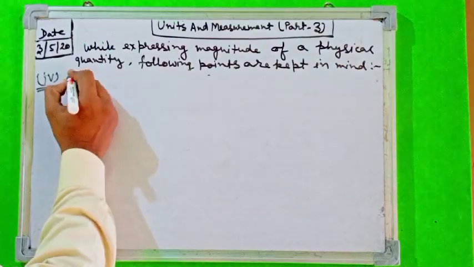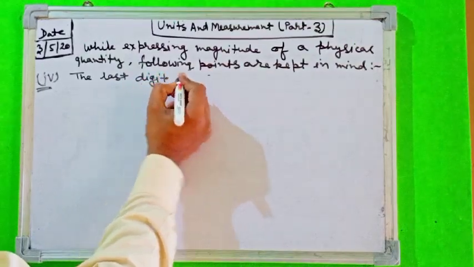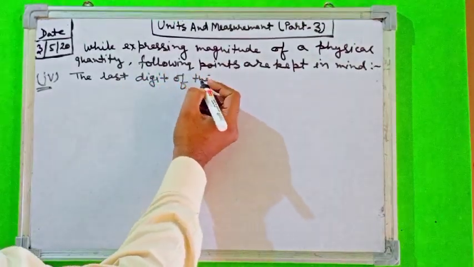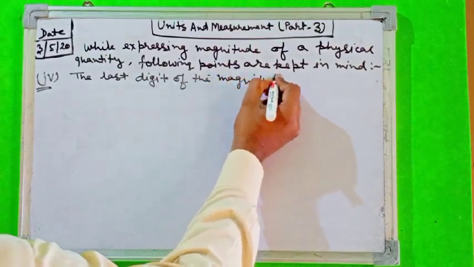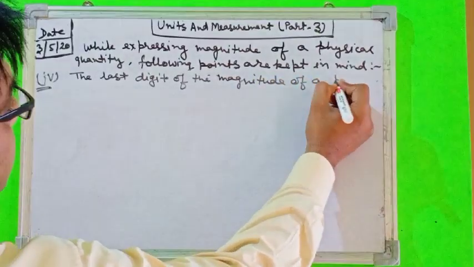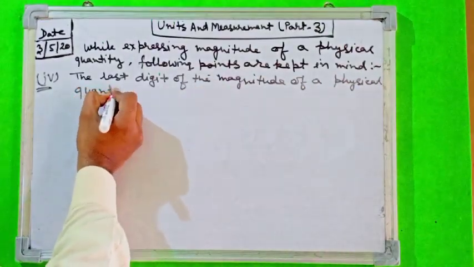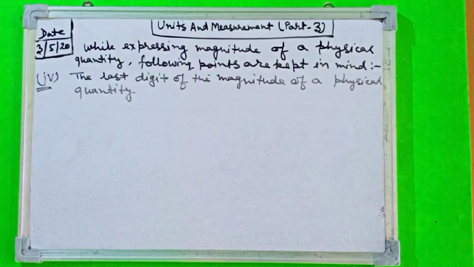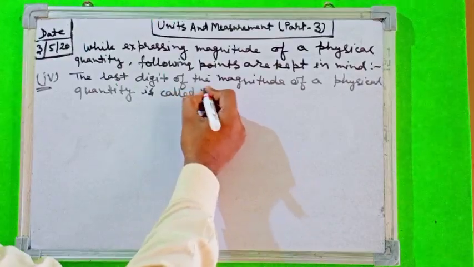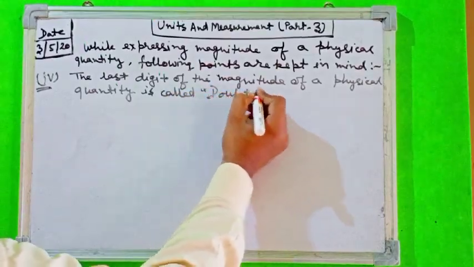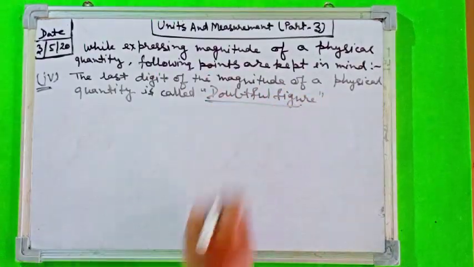The last digit of the magnitude of a physical quantity is called the doubtful figure.